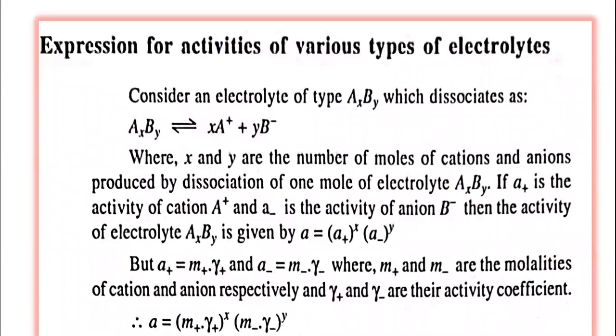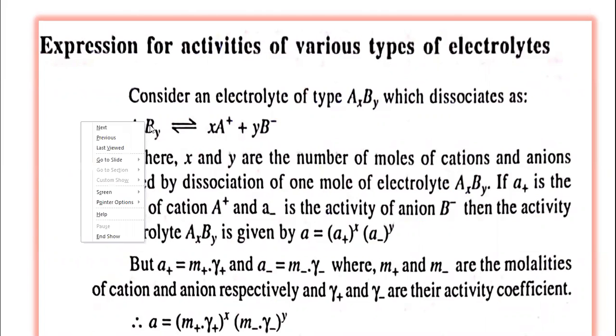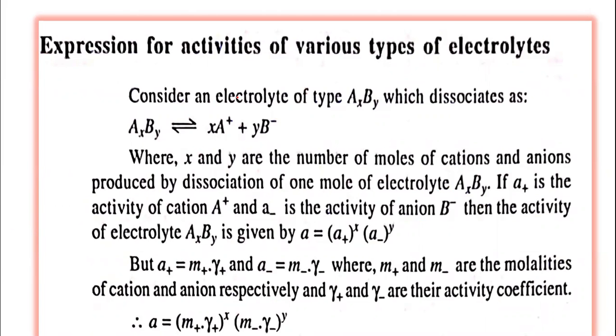Now let us discuss the next topic, expression for activity of the various types of electrolytes. We are going to derive the general expression here. Let us consider an electrolyte of the general type AXBY.